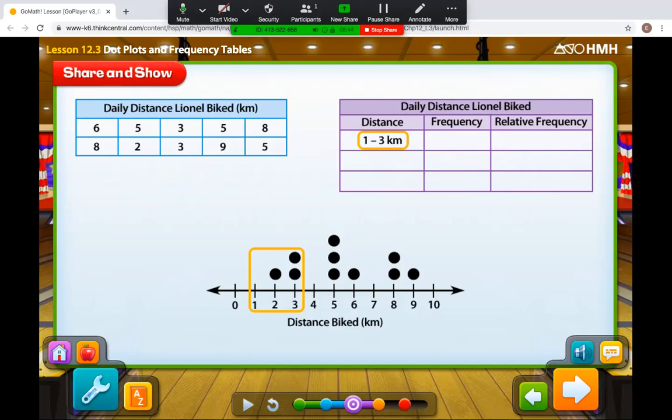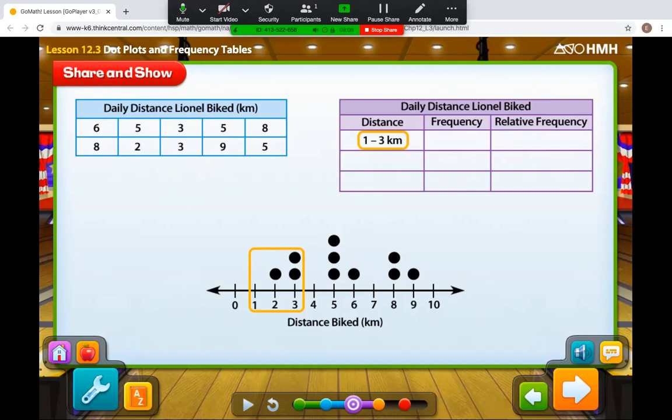Again, this is the data I have, the frequency table I have. This is the dot plot, which has a scale and has a title along with units. Here we have only numbers. And the purple table is called the relative frequency table. Now, as you can see, there are 3 columns in this table.